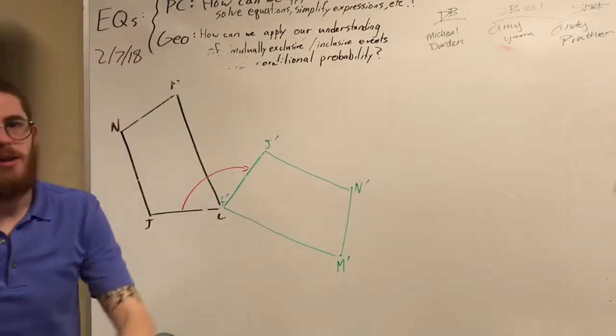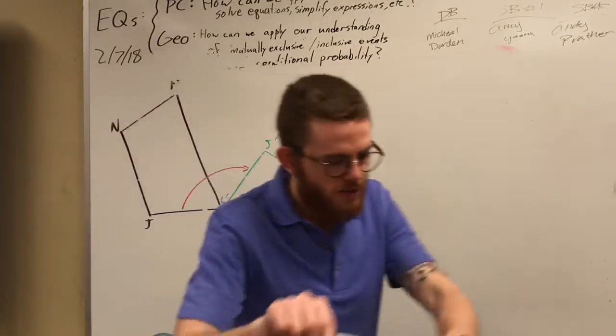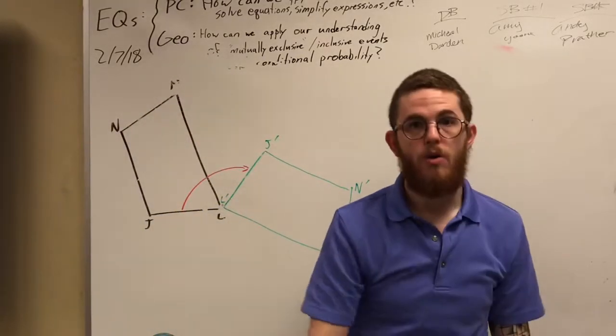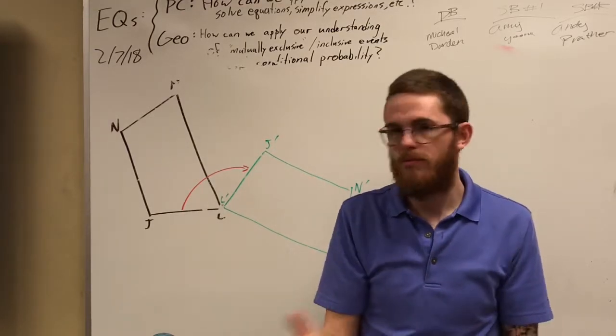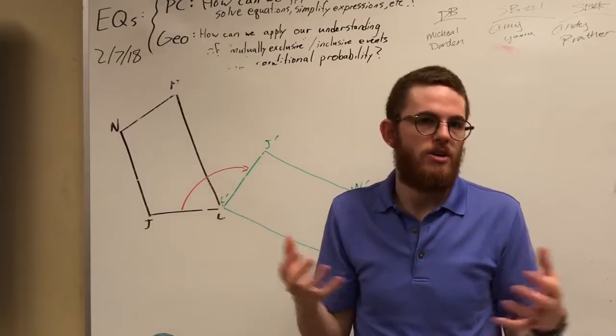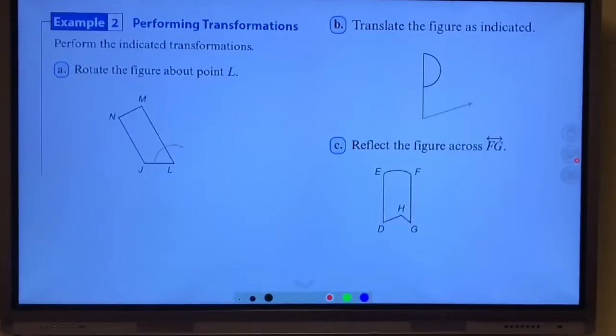You could do that a lot easier on your paper, of course, but remember, use the idea that these transformations are rigid. They are congruence. The new image is always going to be congruent to the pre-image. All right, coming back. There we go. We made it.